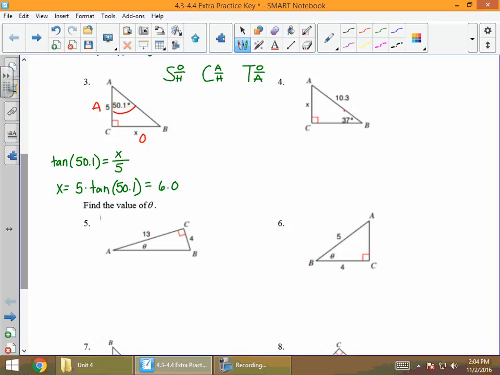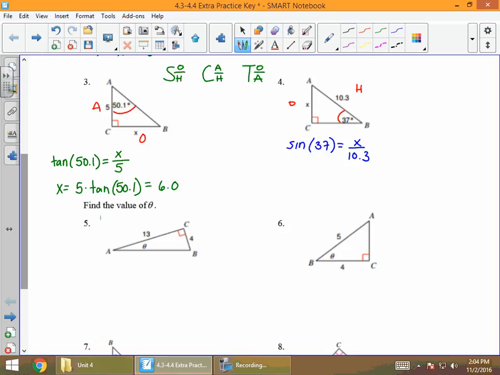Number 4, here's my angle. So hypotenuse, opposite, and adjacent. Which one is useless? I don't know anything about adjacent, so that'll be the one that goes away. O and H is sine. So the sine of the angle, 37, is equal to the opposite X over the hypotenuse, 10.3.